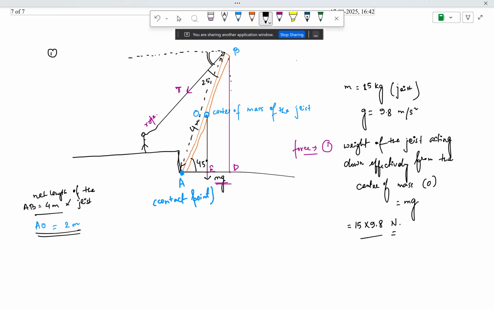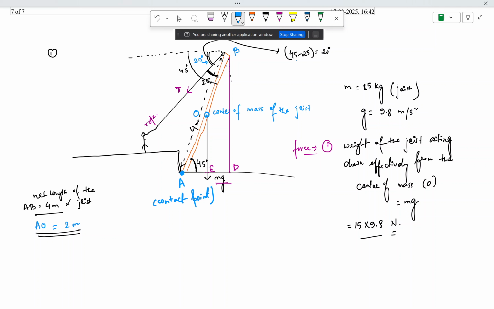This will be very easy to calculate. If this angle is 45 degree, then by the rule of the parallelogram, this whole angle will also be 45 degree. Now out of this whole 45 degree angle, this smaller angle is 25 degree. So what is the rest of the angle? This is simply 45 minus 25, which is 20 degree, right? So this is your 20 degree angle.